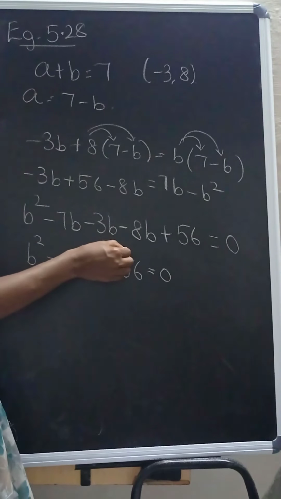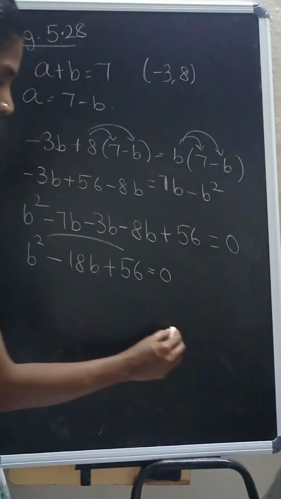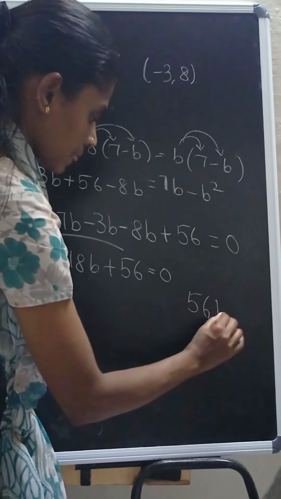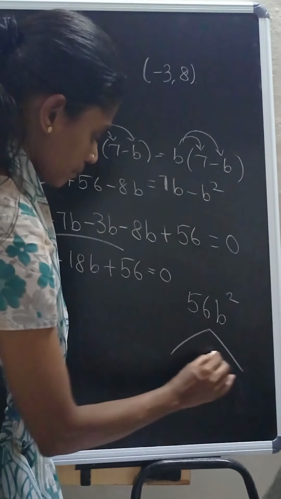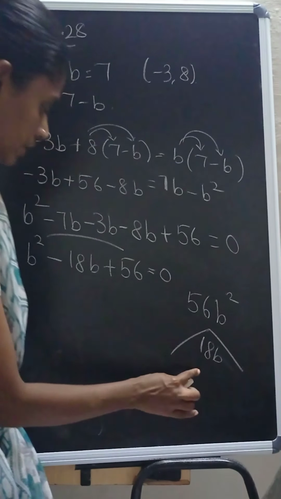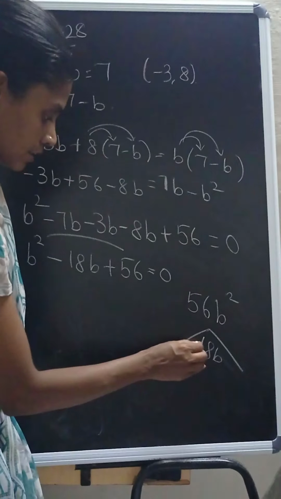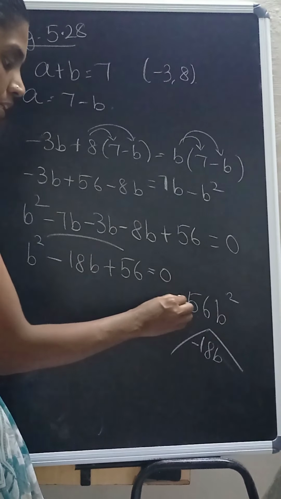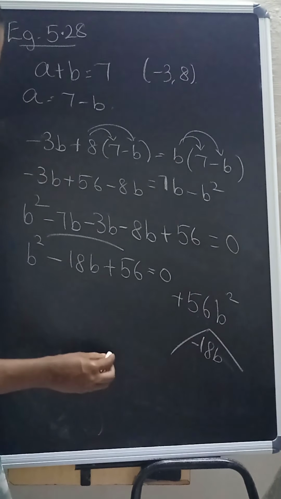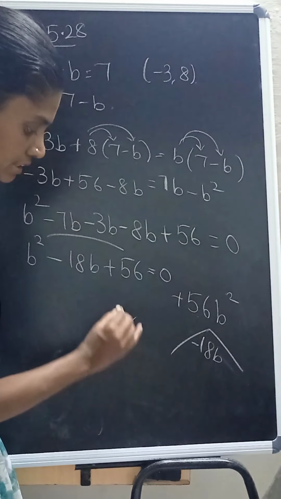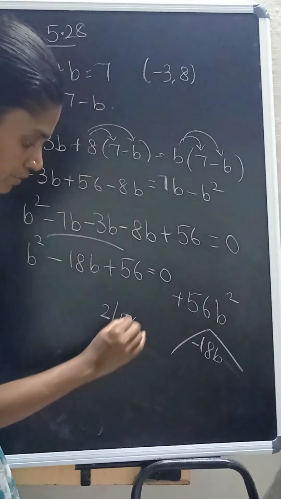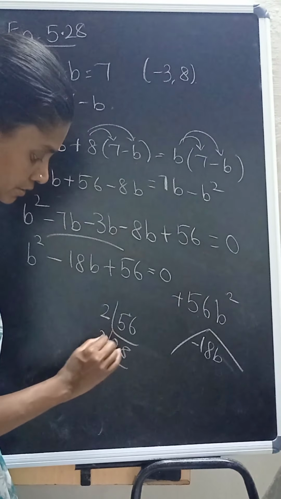Now we need to solve this. b² - 18b + 56. When you add, you need to get -18, and when you multiply, you need to get +56. So put LCM and see. 2 2s are 4, 2 8s are 16.